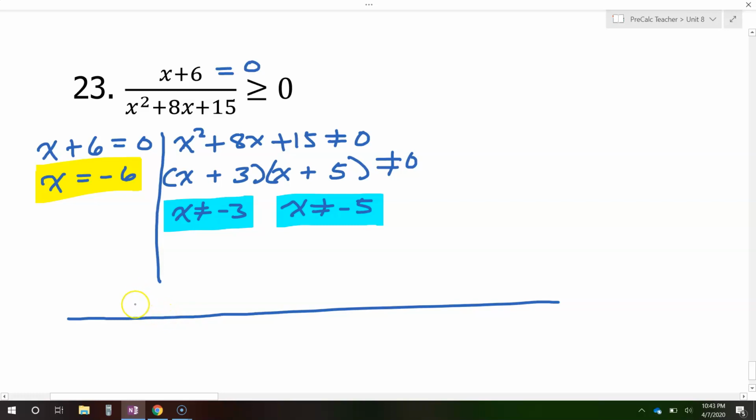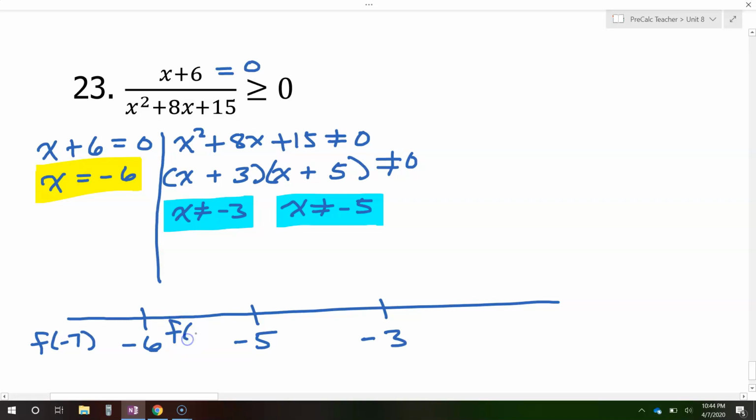All right, so we have -6, and we have -5, and we have -3. So our test values can be -7. Okay, between -5 and -6, we're going to have to do a decimal.